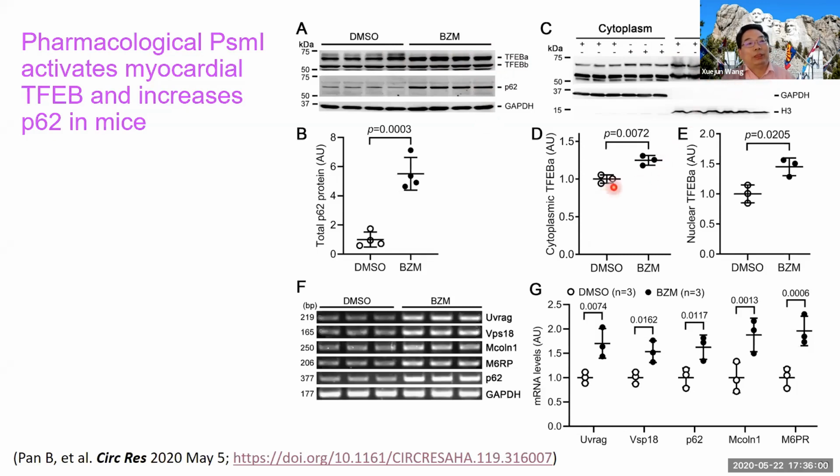Actually, both A and B are increased here. Also, very importantly, the representative target genes UVRAG, VPS18, MCOLN1, M6PR, and P62 are all significantly upregulated by proteasome inhibition in the heart. This is global inhibition in the mice.